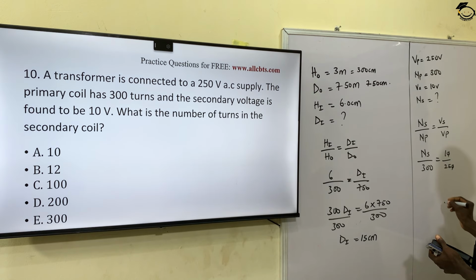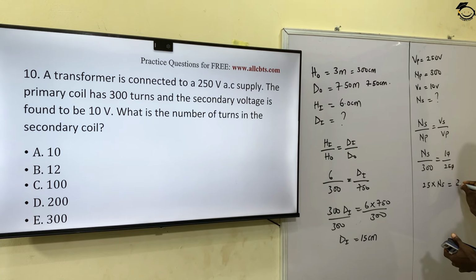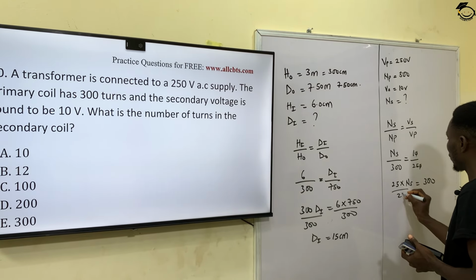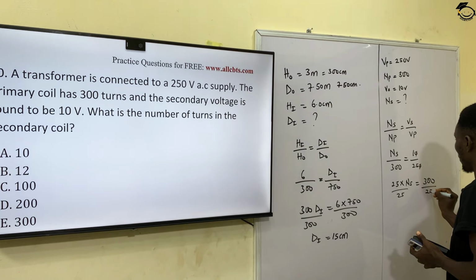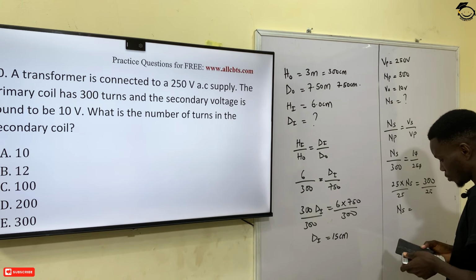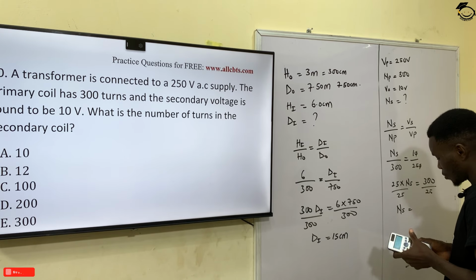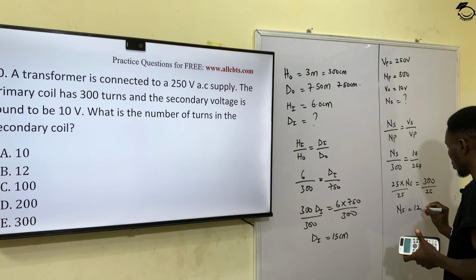So if I cross multiply here, I'll be having 25 times the number of turns in the secondary is equal to 300. So I'll divide by 25. This means that the number of turns in the secondary will be equal to 12 turns.